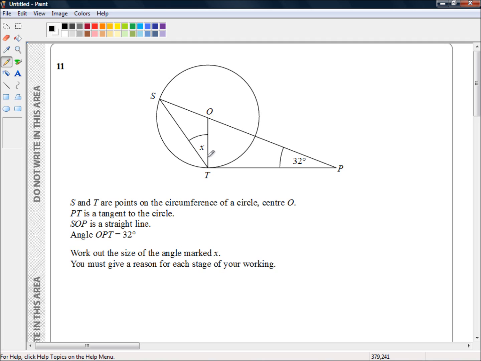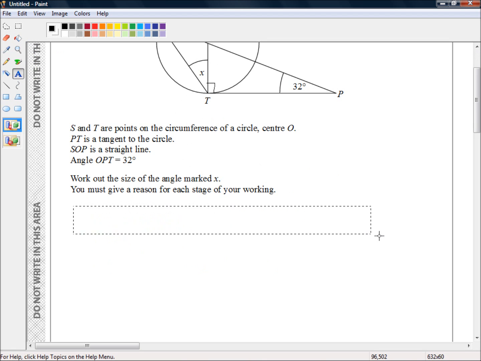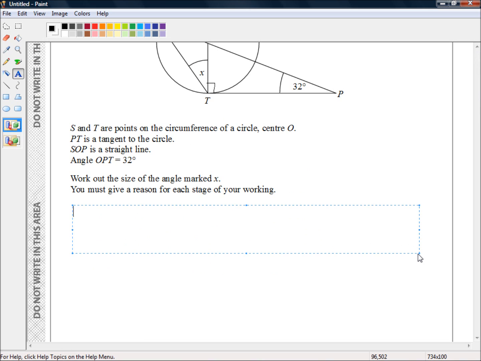So as we've already discussed, this is 90 degrees. So that's straightforward. So let's give a reason for that. A tangent meets a radius at 90 degrees.